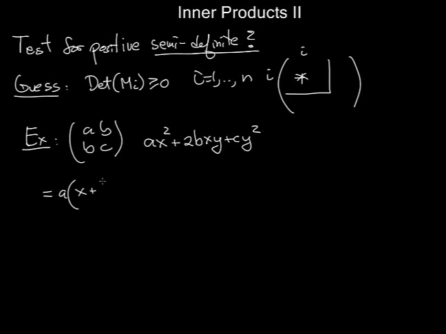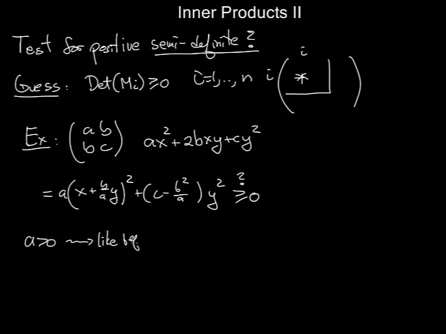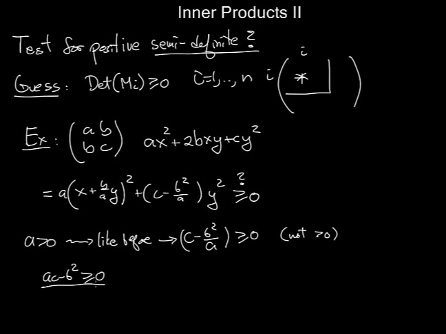And as last time, I'm going to complete the square. This is written this way. This is the easiest way to tell whether a number is positive or negative, is by completing the square. We're asking that this be always greater than or equal to 0. Well, clearly, if a is bigger than 0, then you're forced to take c minus b squared over a greater than or equal to 0, not just greater than 0, and that all is fine.